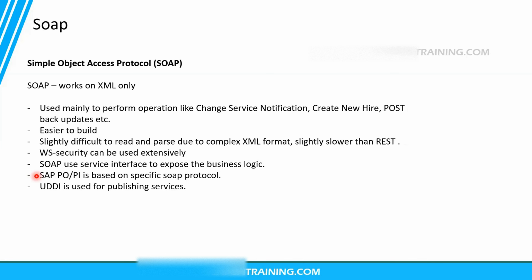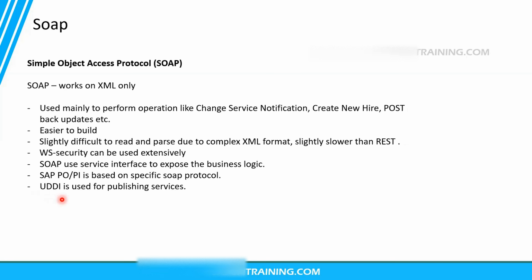The next is UDDI, used for publishing services. Universal Description, Discovery and Integration, something like that. It is a kind of catalog service. Once the developer develops the API or service, he publishes it in some UDDI registry.